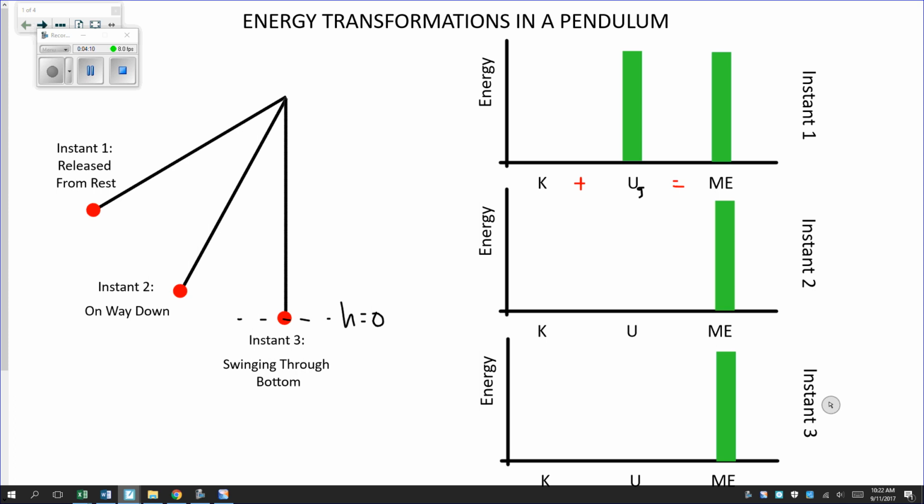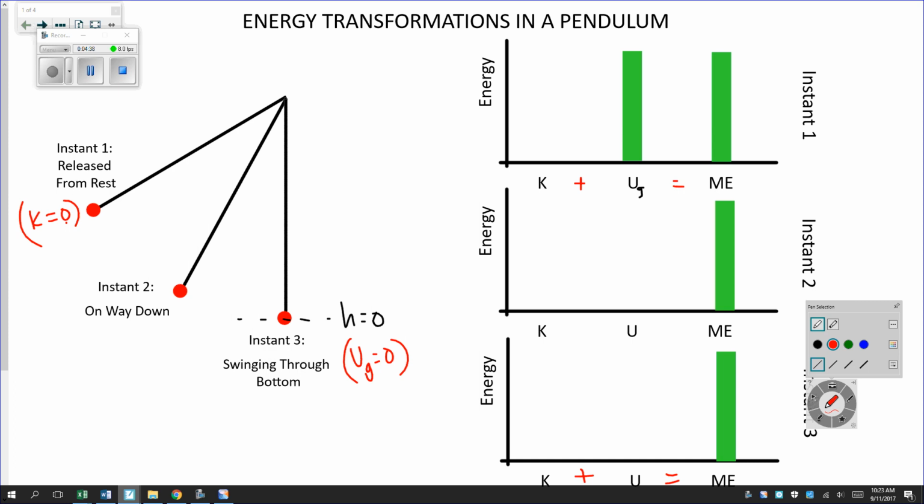At instant 3 here at the bottom, mechanical energy is the sum of K and U, so if U is 0, similar to how K was 0 here, all the energy in instant 3 is of the form K.